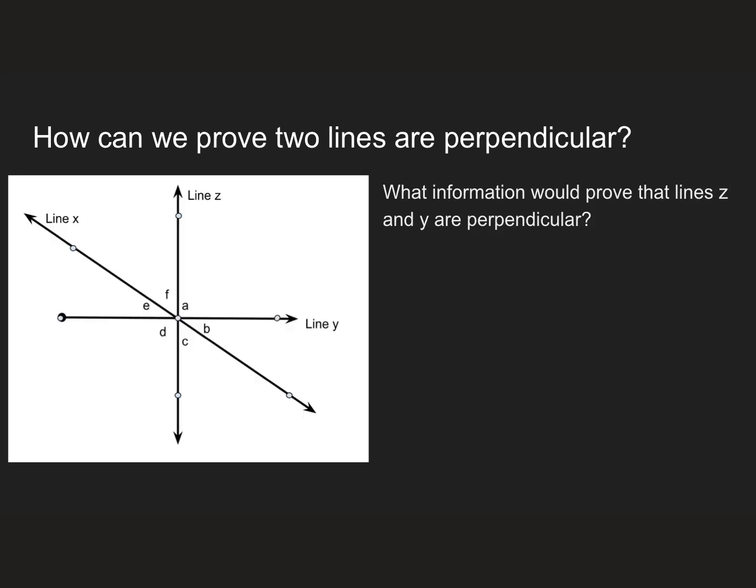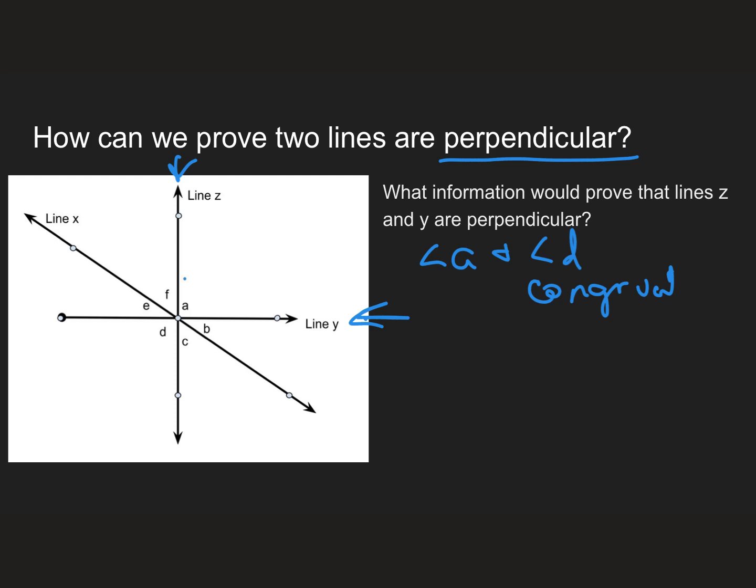Okay. Well, what if I want to prove two lines are perpendicular? What information would prove that line Z, this line, and line Y are perpendicular? Well, knowing angle A and angle D are congruent does not help me.